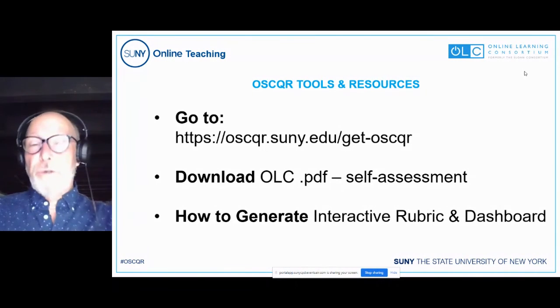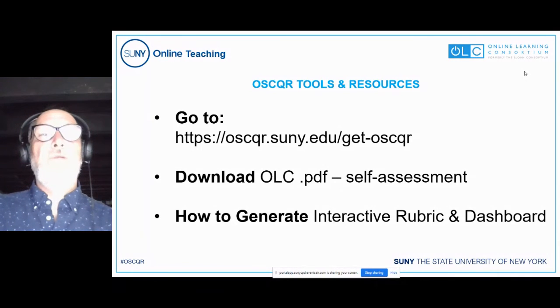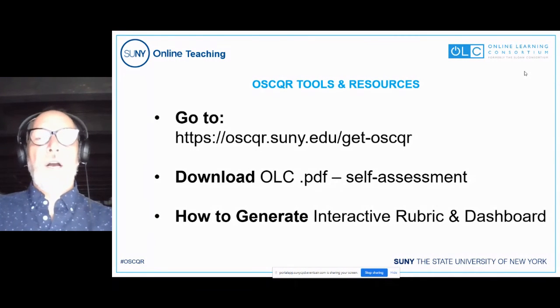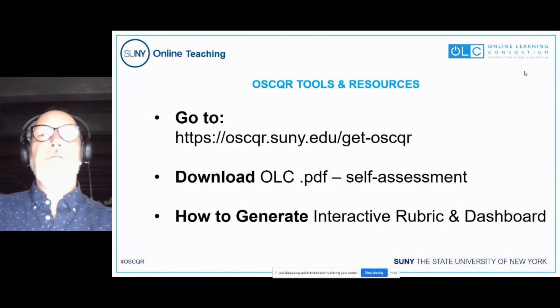Actually, it's a Google worksheet for the dynamic version of the Oscar rubric. And when I say dynamic, that includes tabs for multiple reviewers. And those of you who want to run it on your campus, those who will be monitoring several different course reviews, there is something called the Oscar dashboard.